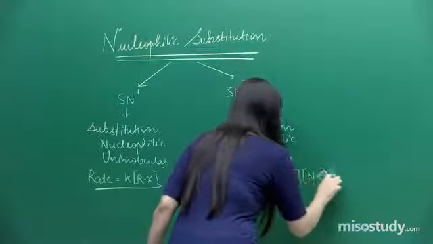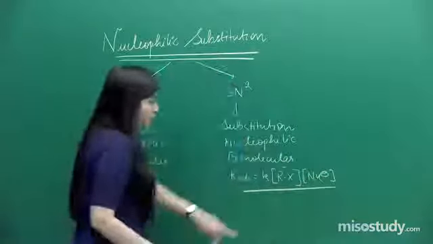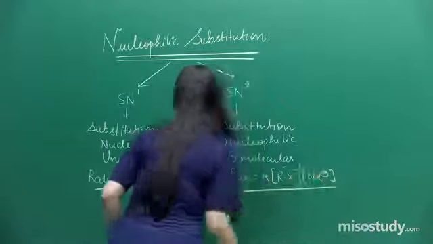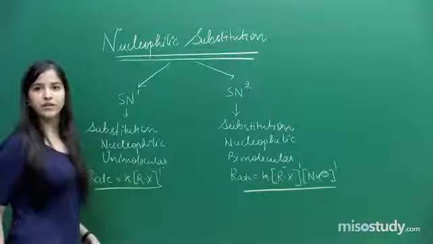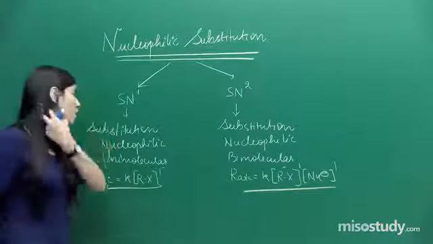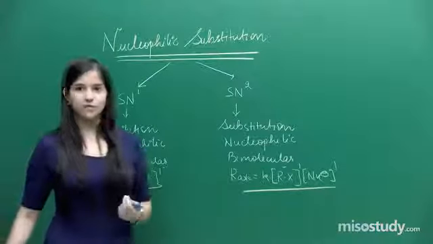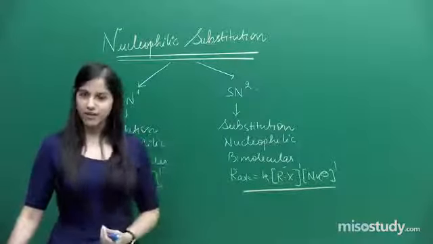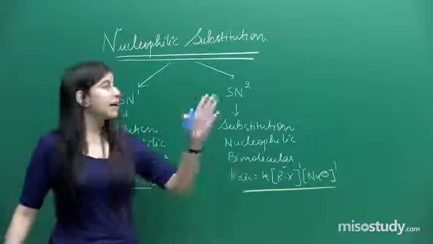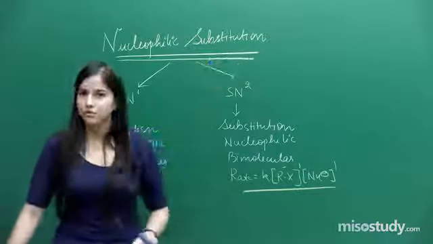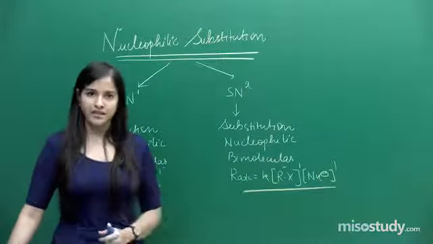So the order over here is 2 and the order over here is just 1. Either you can write it as a nucleophilic substitution or substitution nucleophilic. Either of the ways is correct.